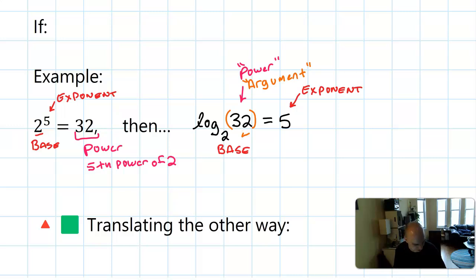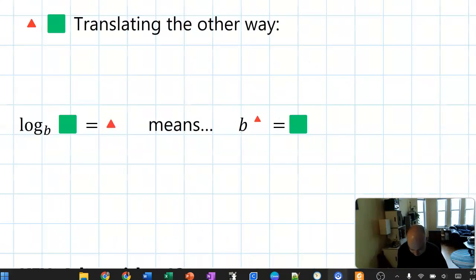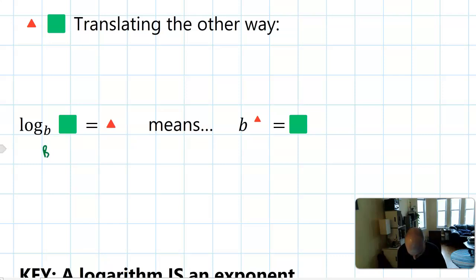Let's be a little more official about this, maybe translating the other way. So if you have something like log base b of square equals triangle, it doesn't have to be numbers, just to get a sense of how this really relates, b is still a base, and it becomes the base of the exponent.